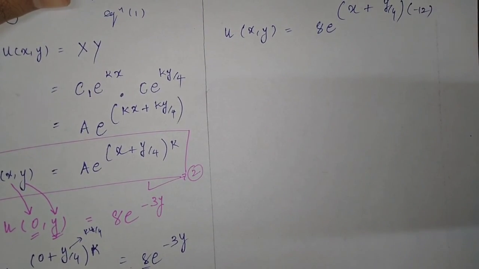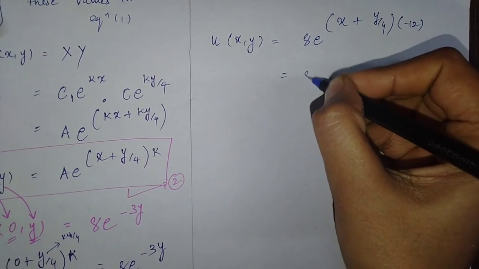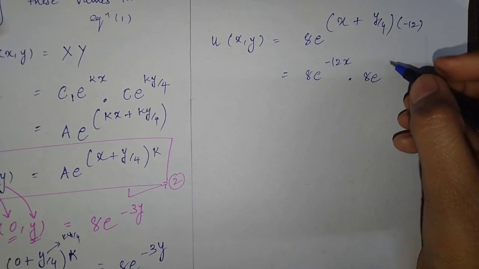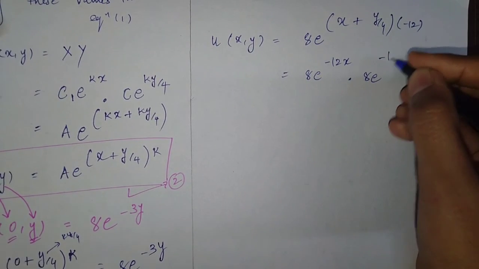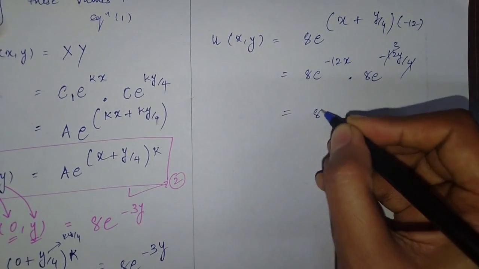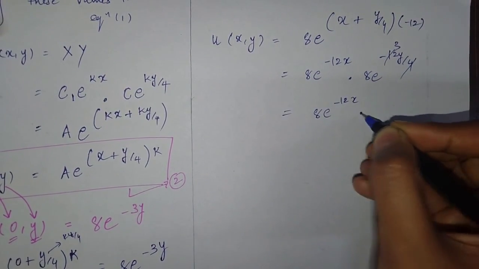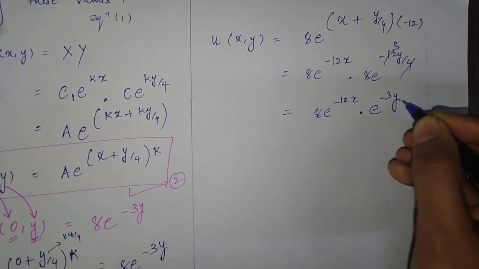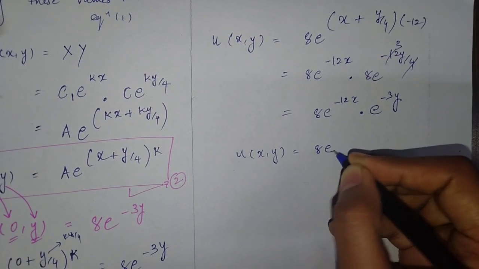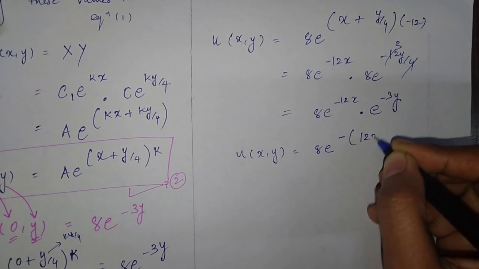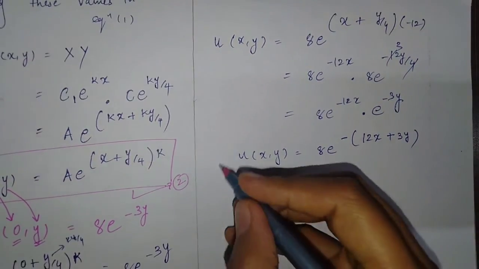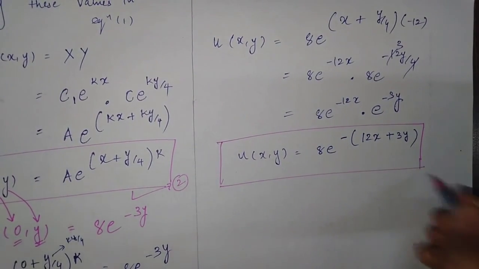So it will be 8 e raised to minus 12x into e raised to minus 12y by 4, that is 3. So it is 8 e raised to minus 12x into e raised to minus 3y. So finally we got 8 e raised to minus (12x plus 3y). So this is the final answer of this question.